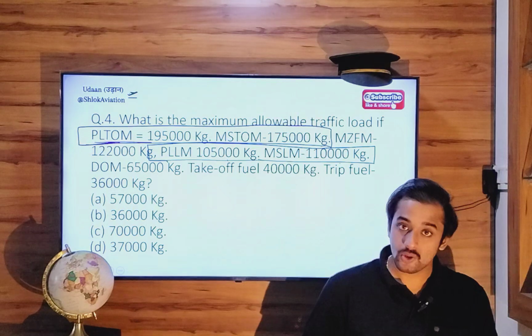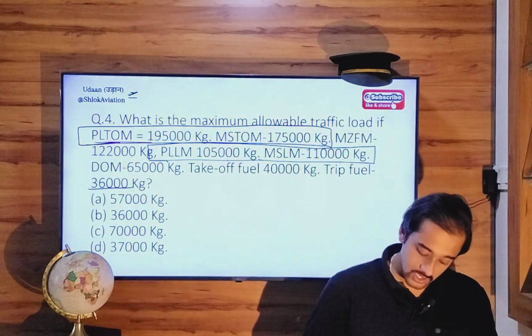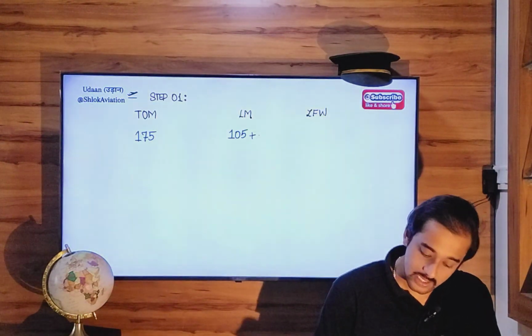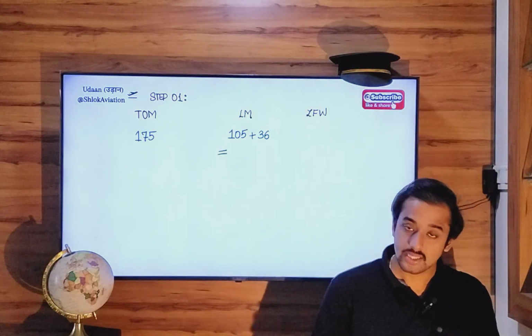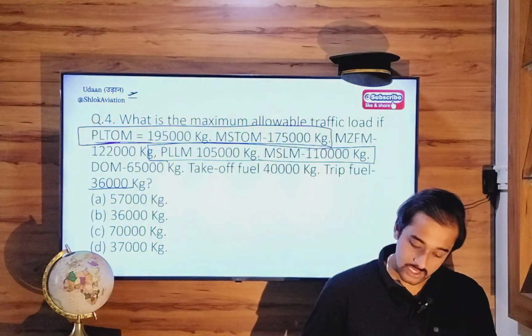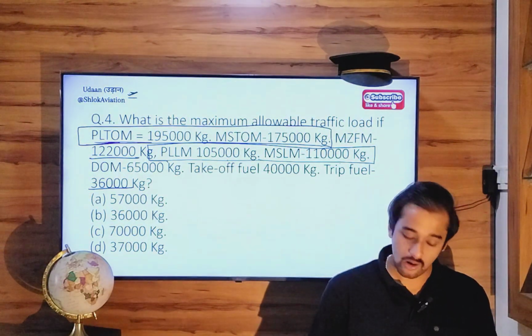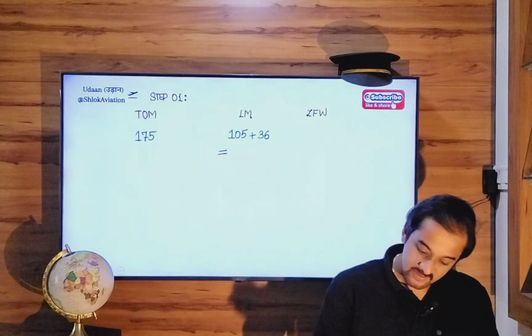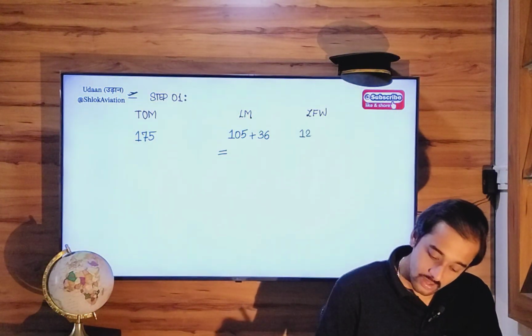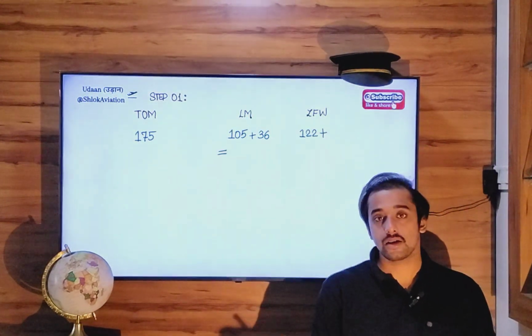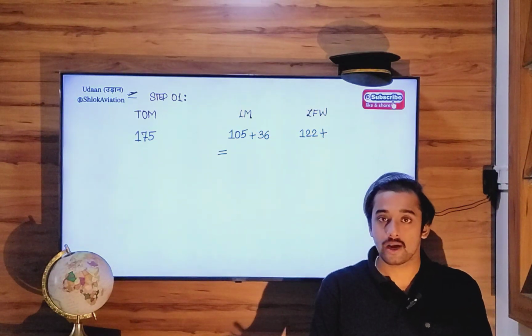Okay, and add to that trip fuel, which is 36,000. So plus 36. Zero fuel weight, which is 1,22,000 or 122, plus you are going to add fuel on board or takeoff fuel.